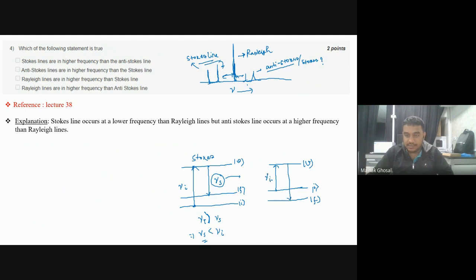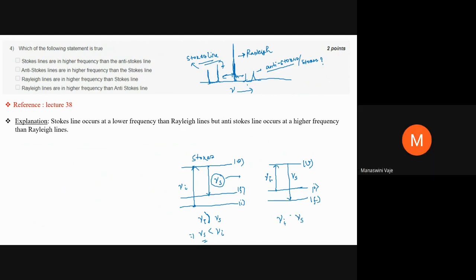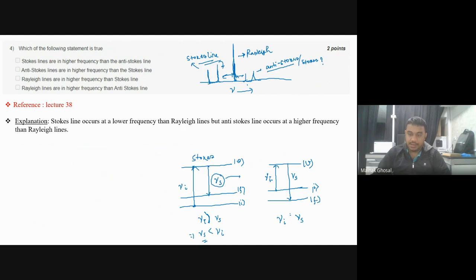Now in this case, nu I and nu s, which will be higher? Nu s will be higher, exactly. So nu I will be less than nu s; your nu s will be higher than nu I, right?